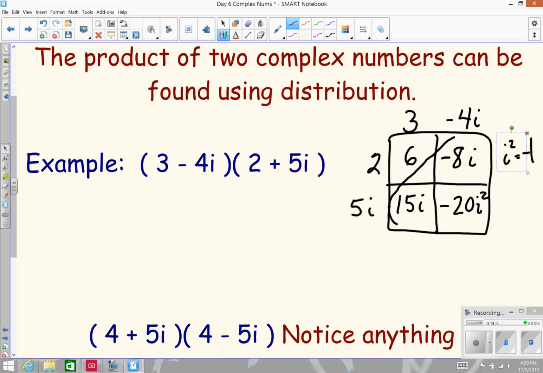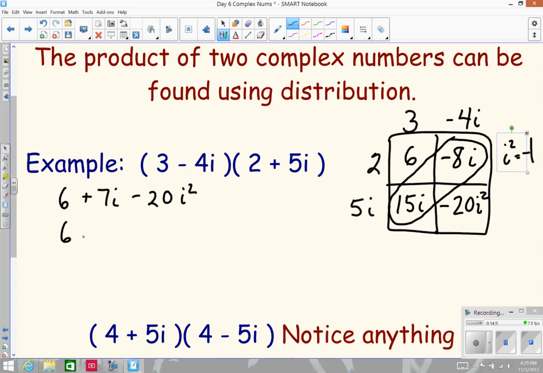Combining my like terms, these two boxes are still going to be like terms, so what I've got so far is 6 minus 8i plus 15i, which gives me plus 7i. And then I've got this minus 20i squared, but I want to replace my i squared with a negative 1.